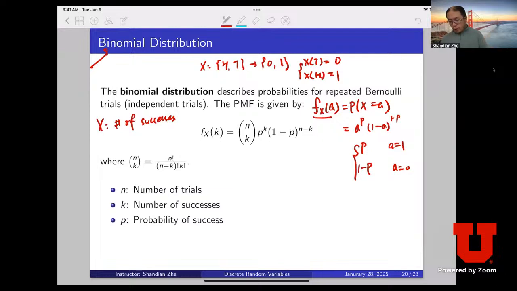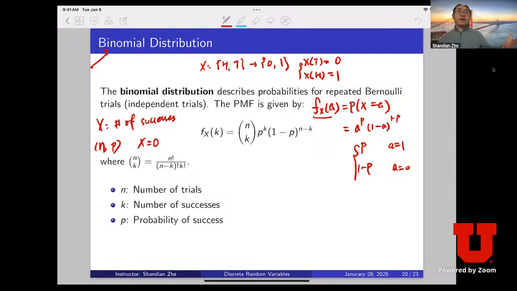So suppose we are doing n experiments in total, n trials in total, and for each trial, we have the chance p to get success, right? Then we know that x can be as low as 0, right?